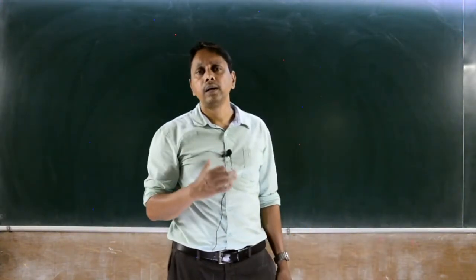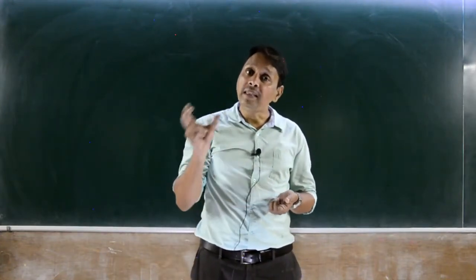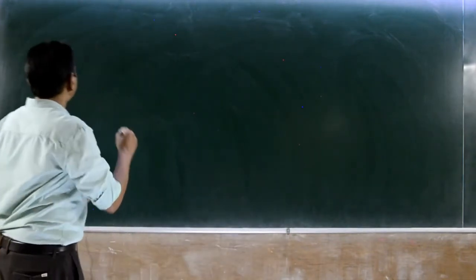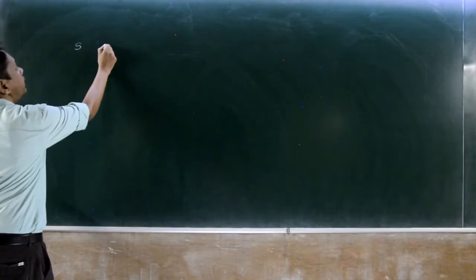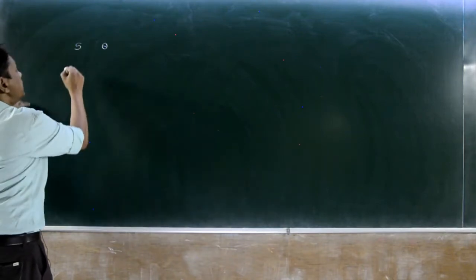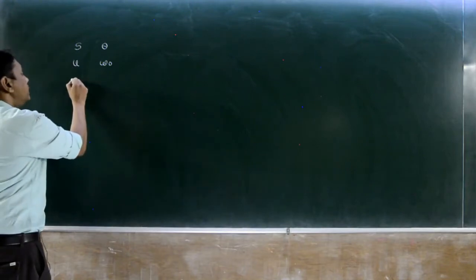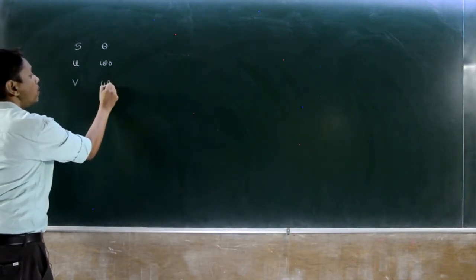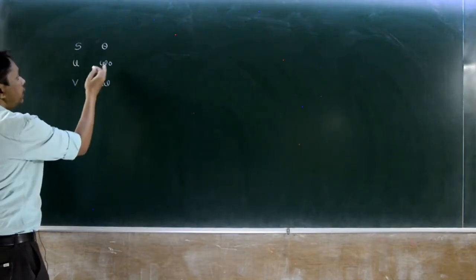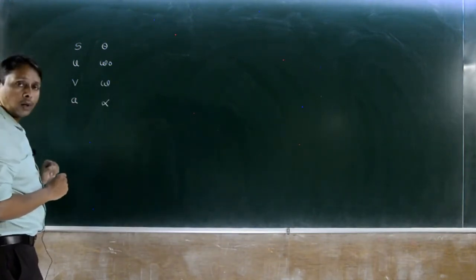You have to remember these angular motion terms with reference to linear motion terms. Just like s, there is theta for displacement; initial velocity u, initial angular velocity omega naught; final velocity v, final angular velocity omega; acceleration a, angular acceleration alpha in circular motion.